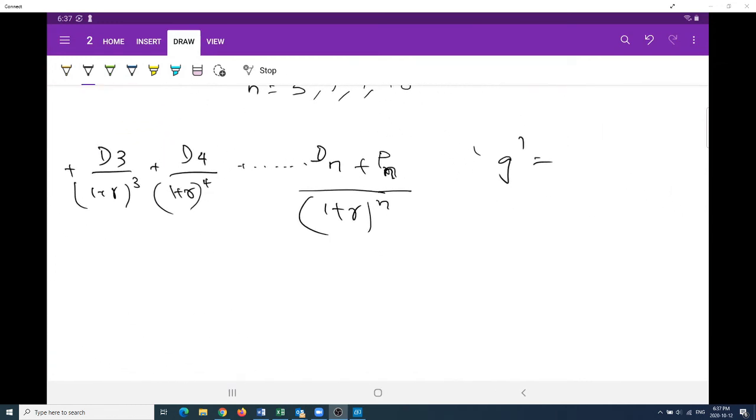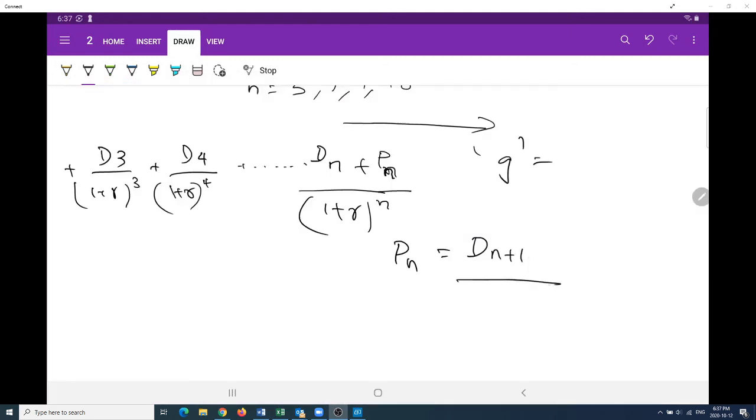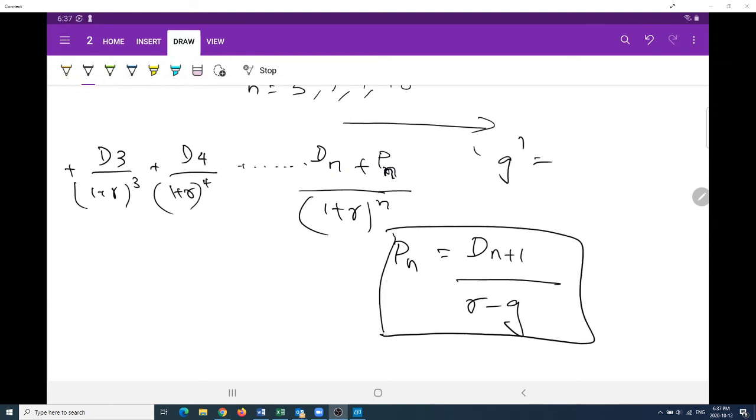After a few years, you assume that the firm starts growing at a sustainable growth rate, that means after n time periods from now, you assume that the dividend grows at a rate of G. And that would mean Pn is going to be the dividend at time n plus 1 divided by R minus G. Okay, so this is how you find out the price of the stock n time periods into the future.